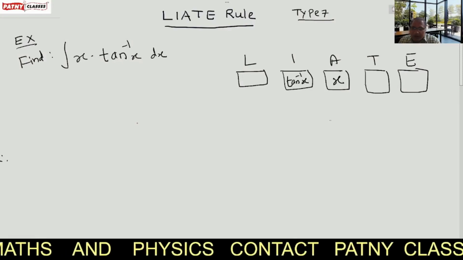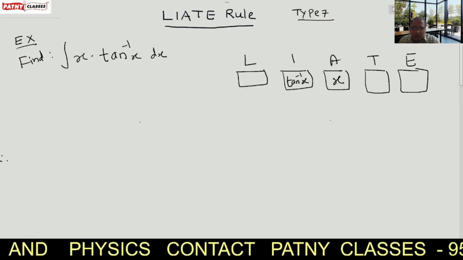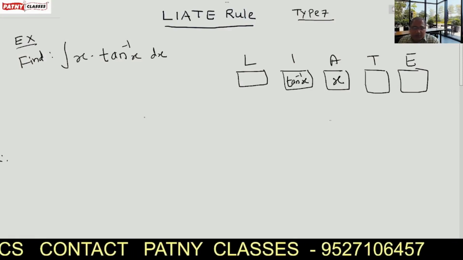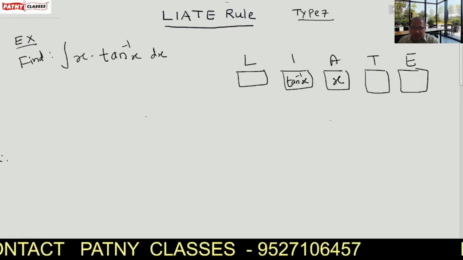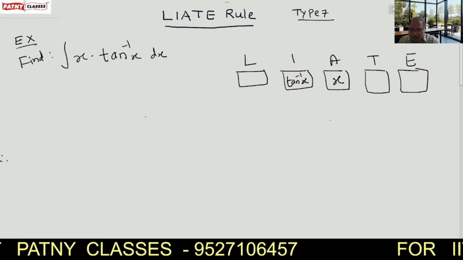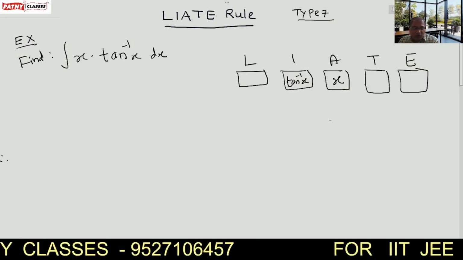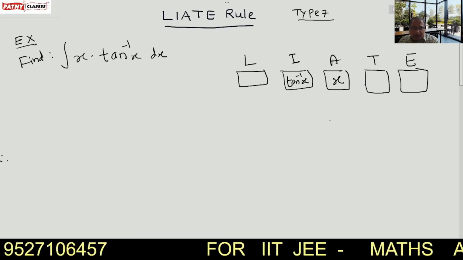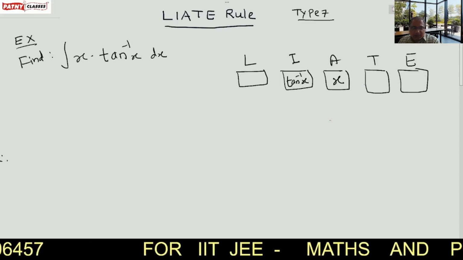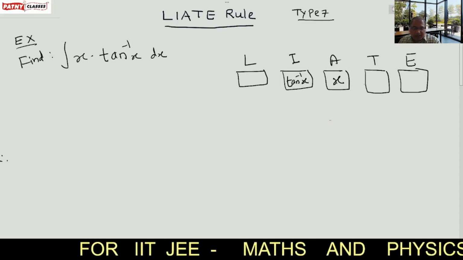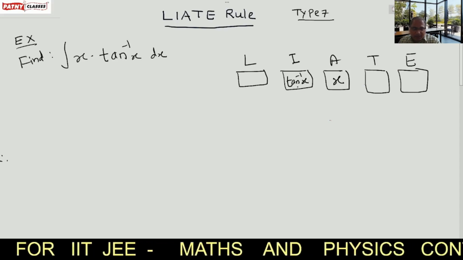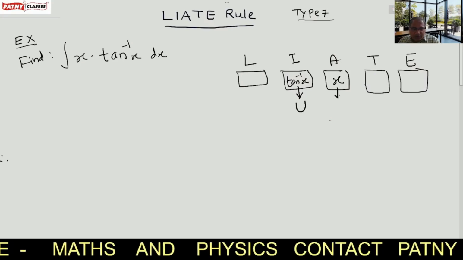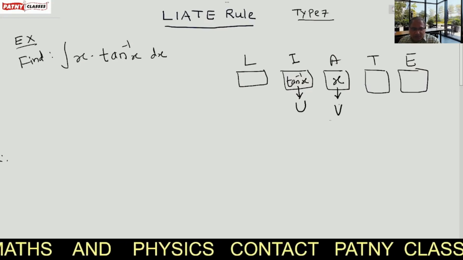To find the integration of x into tan inverse x with respect to x, that is our next example. First of all, we decide what is u and what is v. For that we draw the 5 boxes. Under I, that is inverse trigonometry, tan inverse x is written, and under algebra A, x is written. Tan inverse x is written first, therefore it becomes u, and x becomes v.